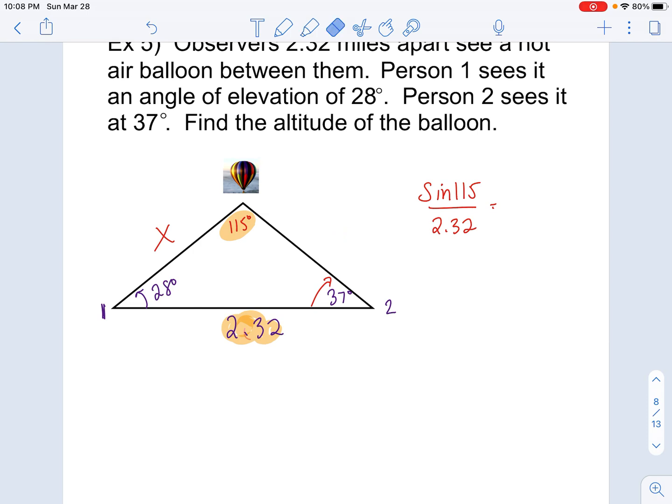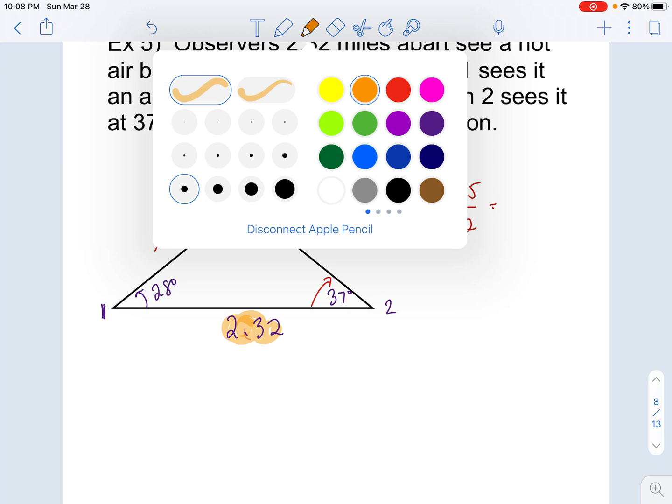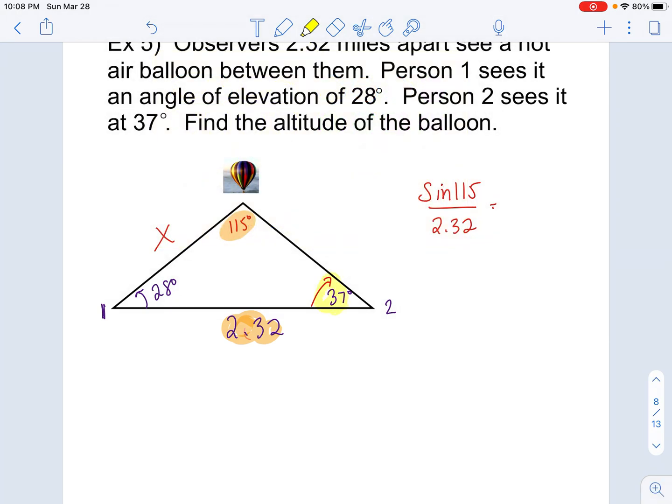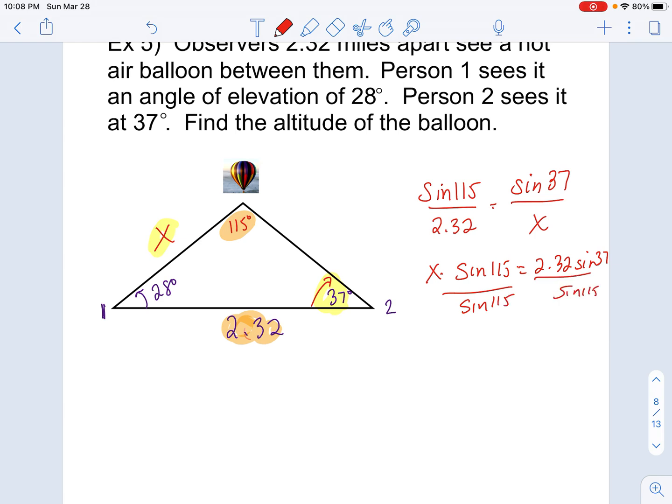And again, we're going to look for X, so I'm going to get rid of Y. That means I now have to use the other angle, which is 37, and the side opposite it, which is X. So it's going to be sine of 37 over X. Go ahead and cross multiply. I've got X times sine of 115 equals 2.32 times sine of 37. Divide both sides by sine of 115.